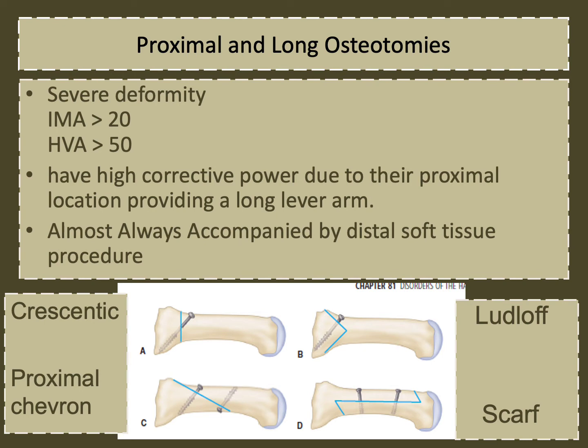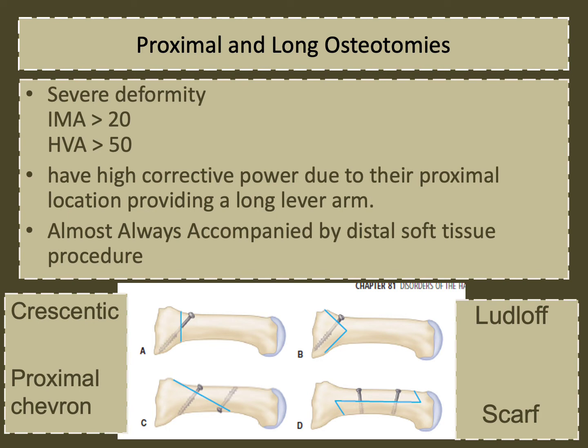The proximal osteotomies, again, there are a number of them. Myself, I do the crescentic, so does Dr. Olson. Dr. Chen, I know, has done the scarf a decent number of times. But the whole point is that the proximal osteotomies are more powerful.